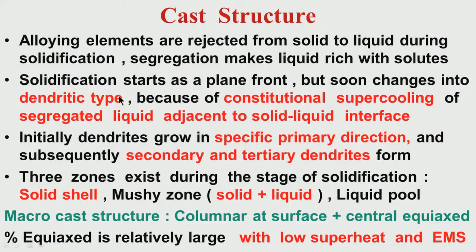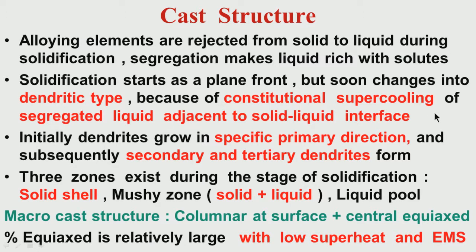So, as solidification is taking place, the liquid ahead of the solidification front is getting more and more rich with solutes. Because of this, there is a change from the plane solidification front to a dendritic type because of constitutional supercooling. This supercooling is due to what? It is due to segregation, that is why it is called constitutional supercooling.